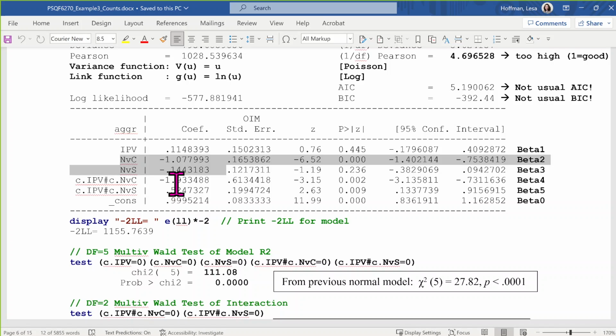Question in the chat, what is a usual AIC or BIC? Most of the time, across different types of statistical models, AIC and BIC are a transformation of -2 log likelihood, where AIC is -2 log likelihood plus 2 times the number of parameters in the model. BIC is -2 log likelihood plus the log of n times the number of parameters in the model, I believe.